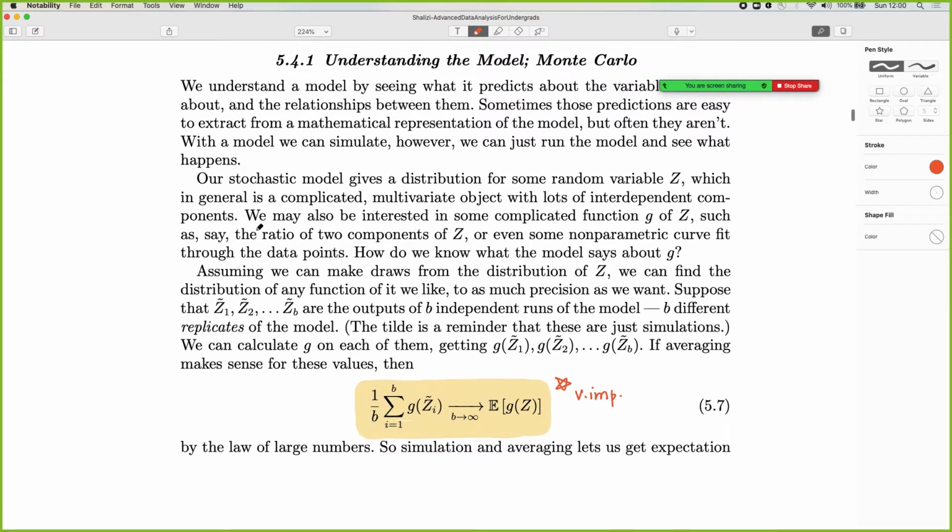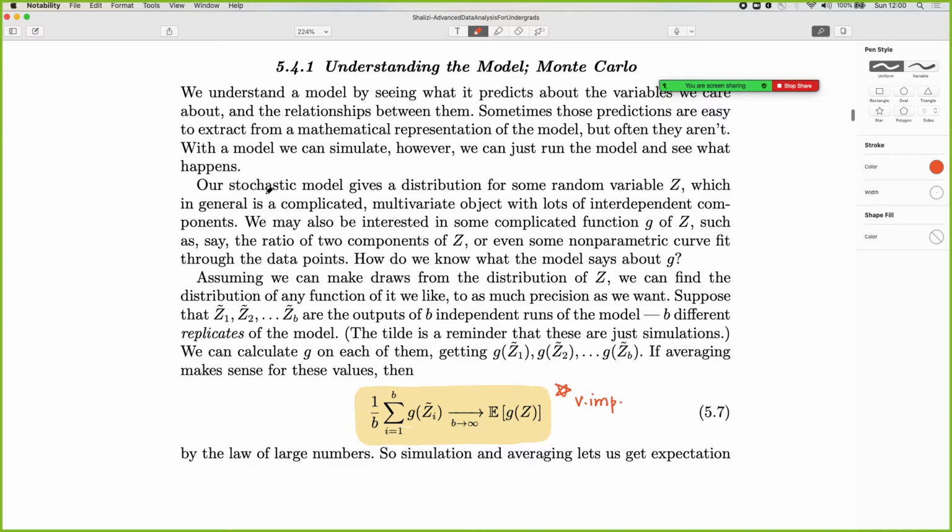What he says is, if a stochastic model gives some distribution of a random variable z, which in general is a complicated object with lots of interdependent components, you might have x contributing to z, you might have y contributing to z, you might have a contributing to x and y, and all you have is this final z.